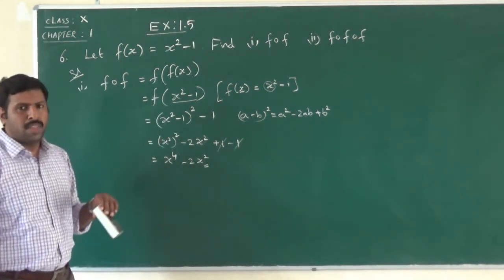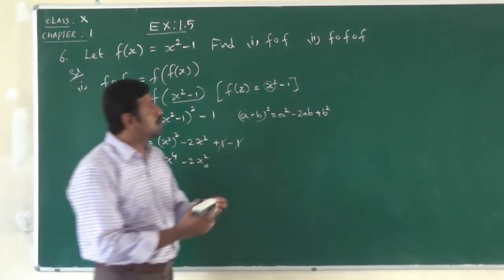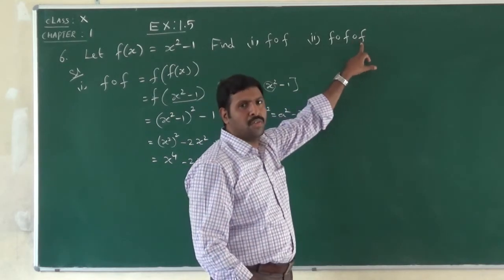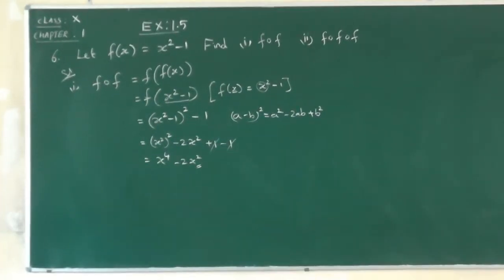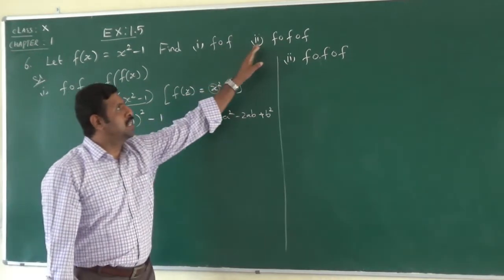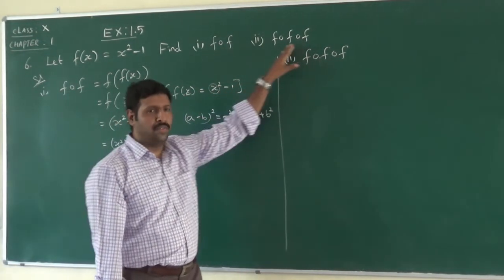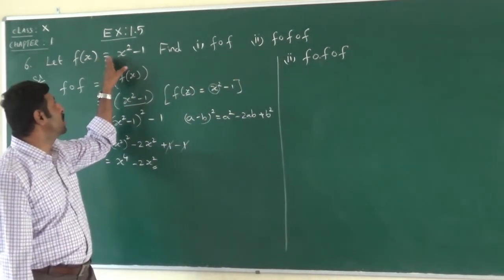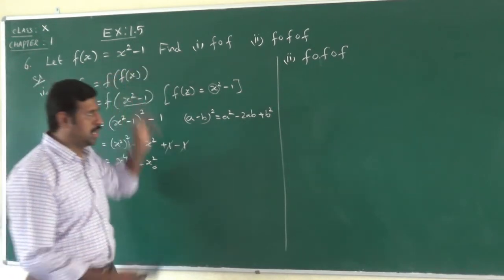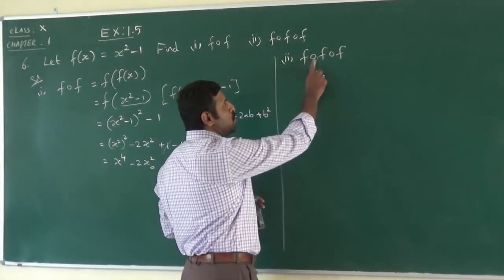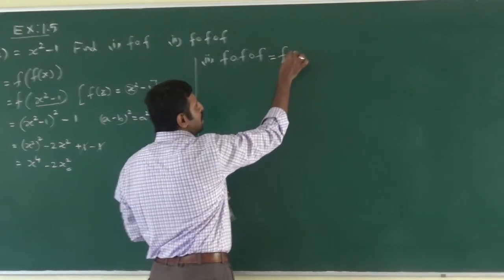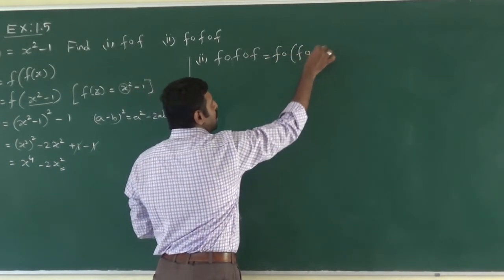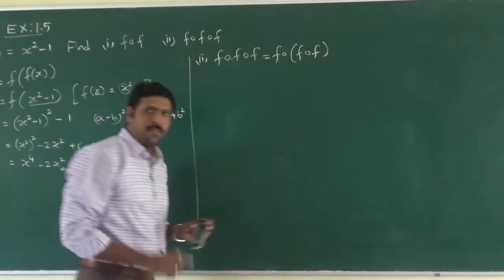Next we see the f composition of f, right? Let's see the second Roman number, f composition of f. The function is given as f of x equal to x square minus 1. Here, f composition of f can be written in the form of f of f of f.